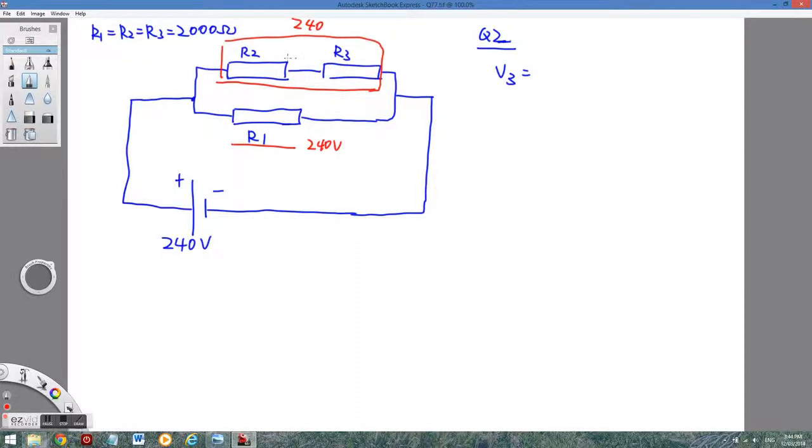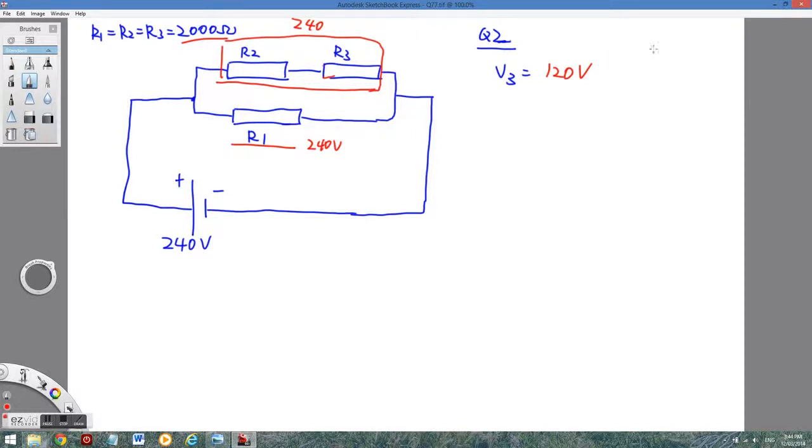Given that R2 and R3 are the same, both 2000 ohms, my guess is that the voltage across R3 will be divided in half, because on the top the resistances are connected in series only. So it will be 120 volts.